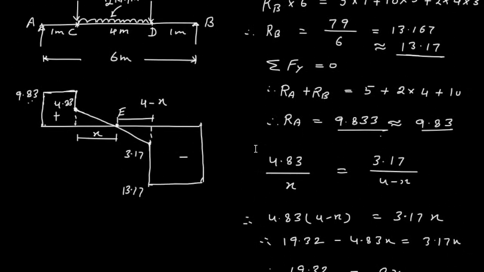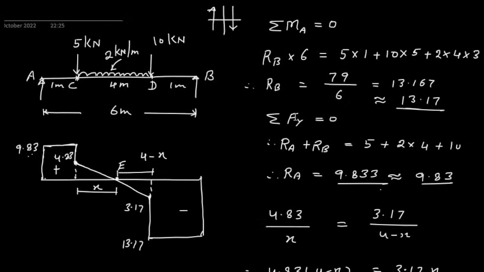Now we will do the calculations related to the B.M.D. I will write the critical values here. The reaction here is 9.83, and here the reaction is 13.17. Obviously the unit is kilonewton.